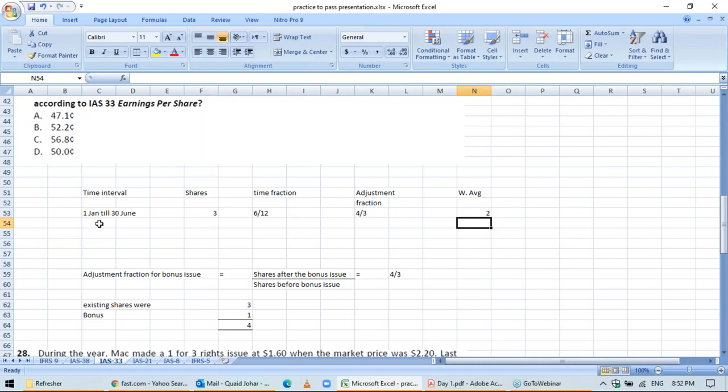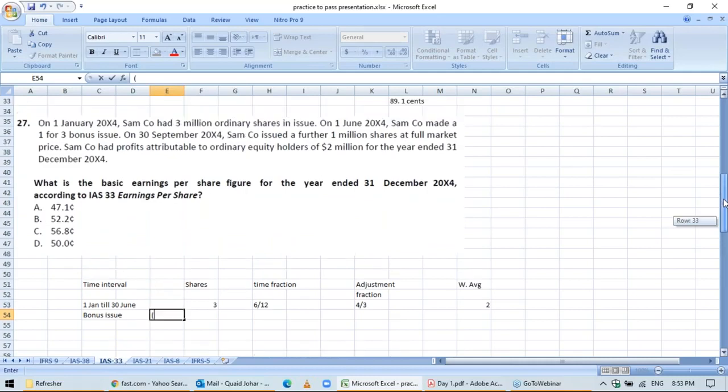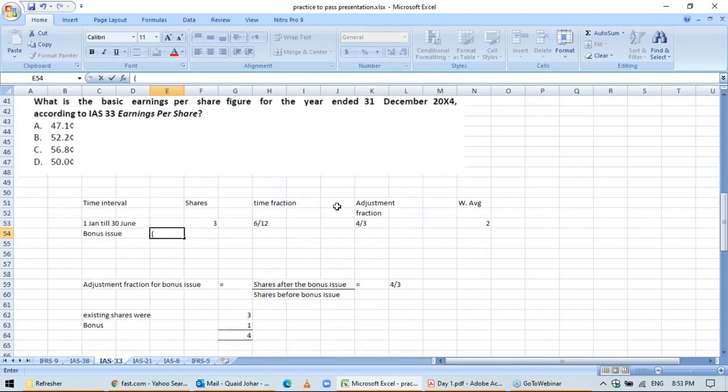Then what happens? The bonus shares were issued, and the bonus issue takes place on 1st of June. Sorry, 1st of June. So I will take a time fraction of 5 months over here.